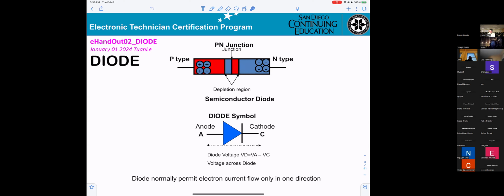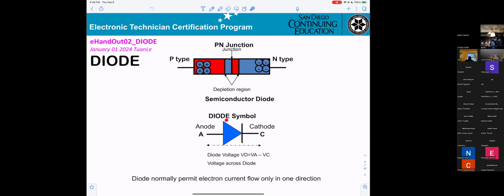The symbol for the diode looks like this. This is the anode and this is the cathode. And the voltage of the diode, VD, equals VAC, that means VA minus VC. That is the voltage across the diode.